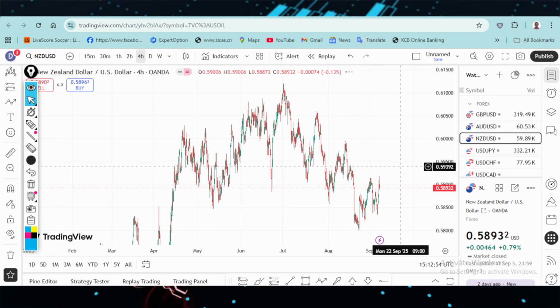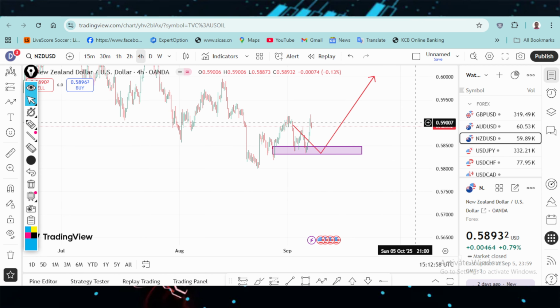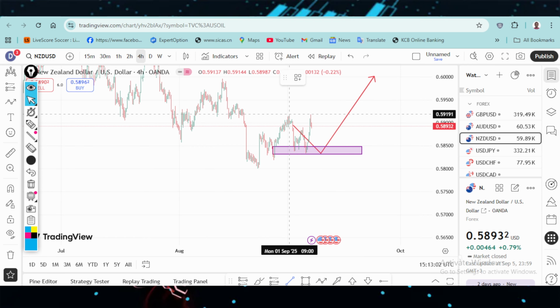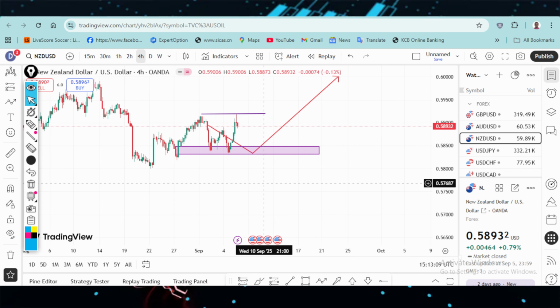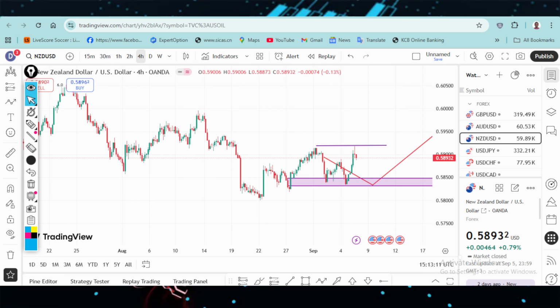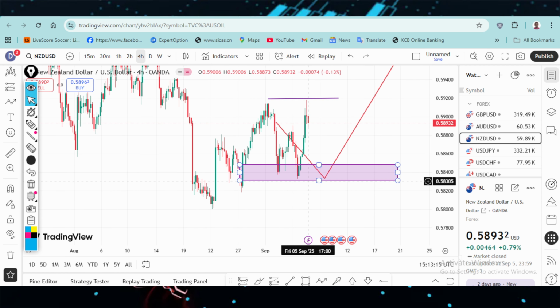NZD/USD is the same as Aussie dollar. It came to the high here, making a double top, and came back down. What am I expecting? You see how very clean it was last week. Very clean. You see, drop, up.